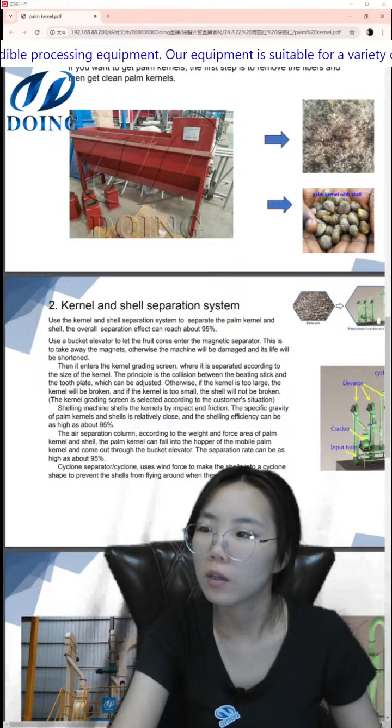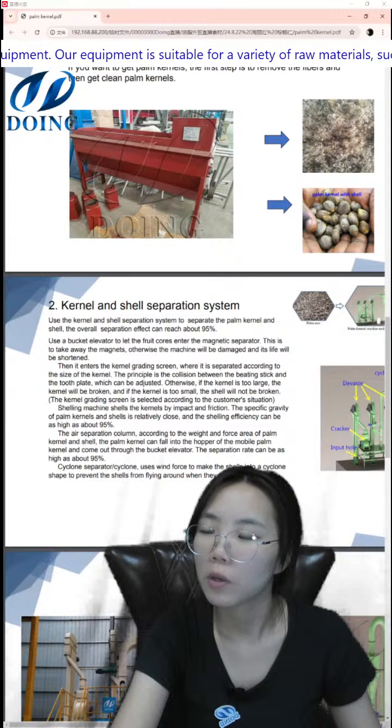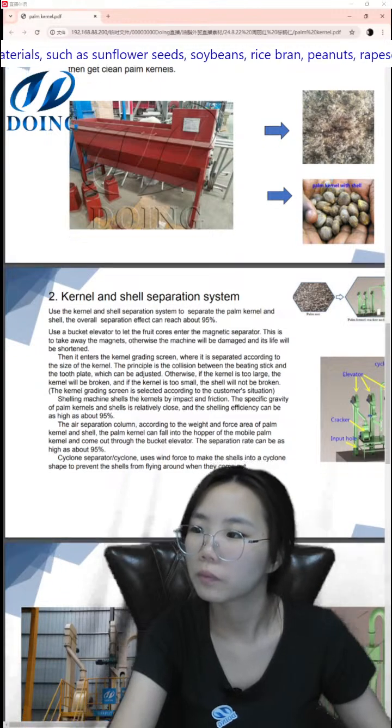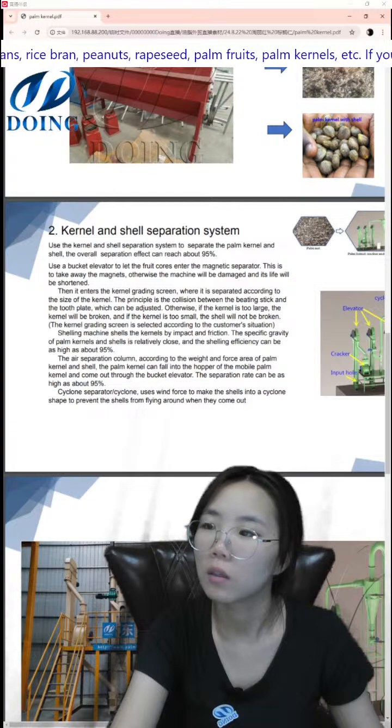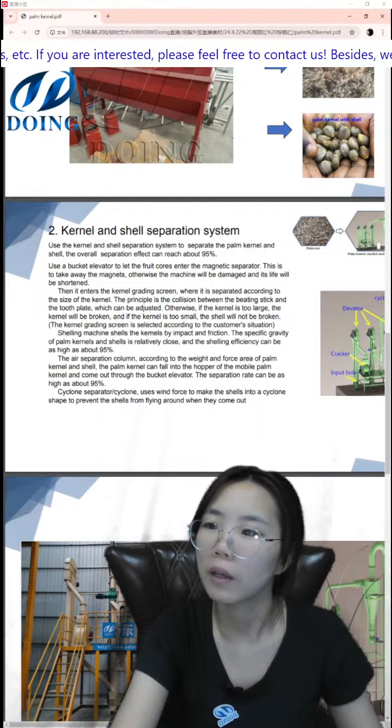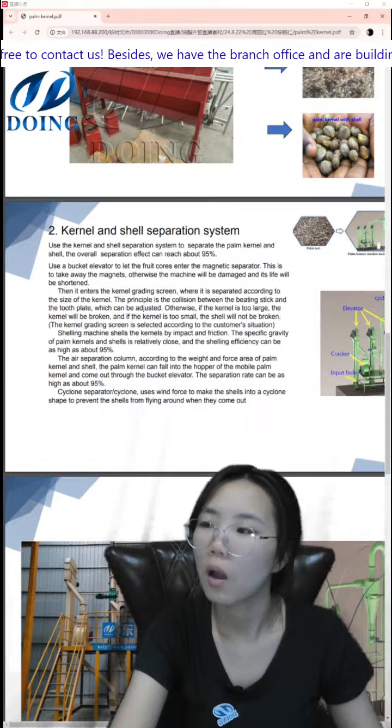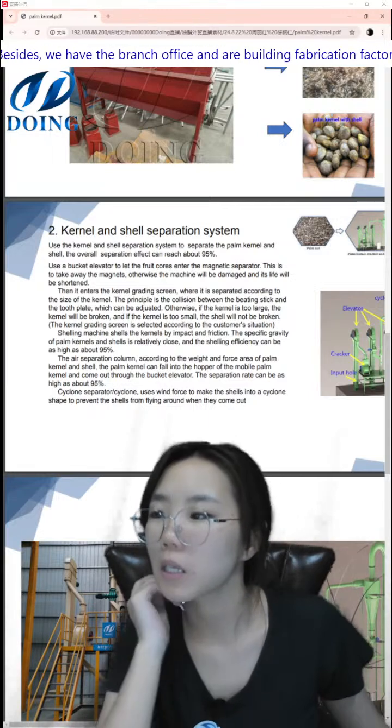Overall separation can reach about 95%. Use a bucket elevator to let the palm kernel enter the magnetic separator. This takes away the magnets.